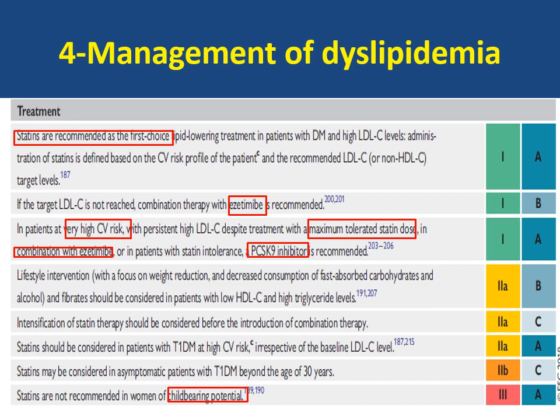And if the patient is classified as very high risk and did not achieve the LDL target despite treatment with the maximal dose of statin in combination with ezetimibe, we can add PCSK9 inhibitors, and we can use PCSK9 inhibitors as well in patients with statin intolerance. It should be noted that statins are not recommended in women of childbearing potential.